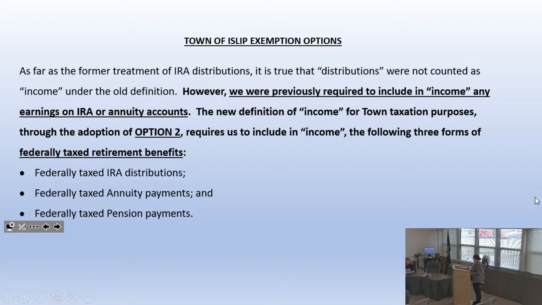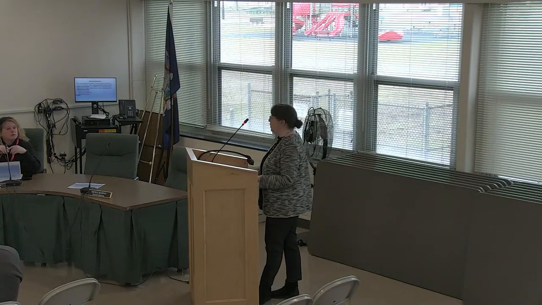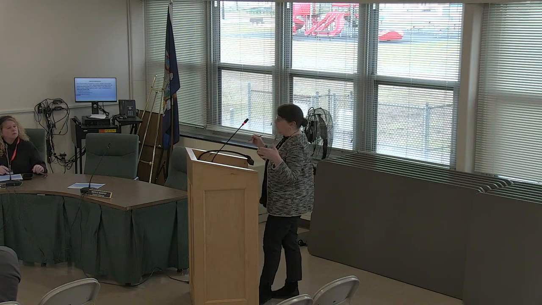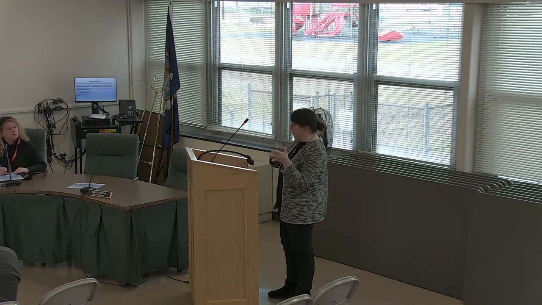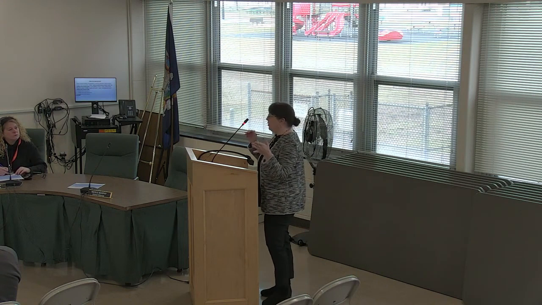Under the old income definition, this is for Town of Islip townwide, because we had increased our maximum eligibility window. We went from the 29 to 37.4. We increased it by 21,000 in the Town of Islip.